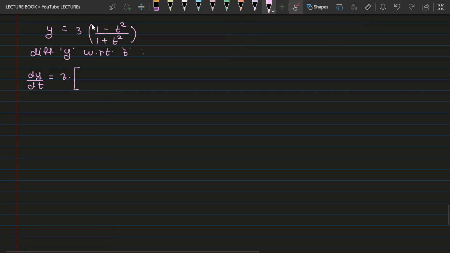And the bracket element, when we differentiate, you can observe carefully that again this is also u upon v rule.